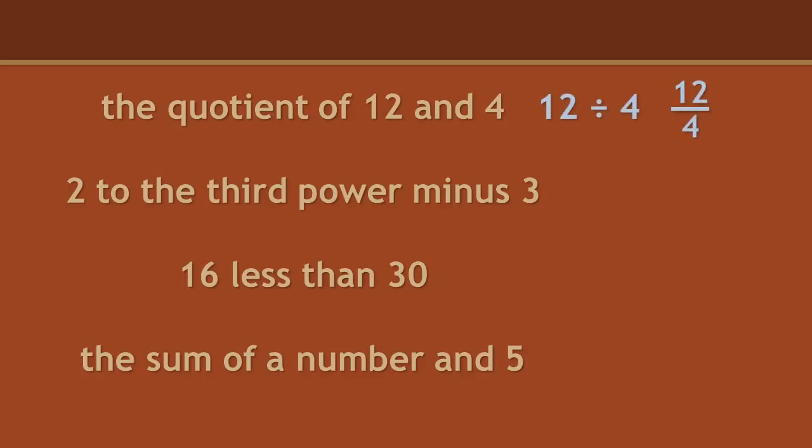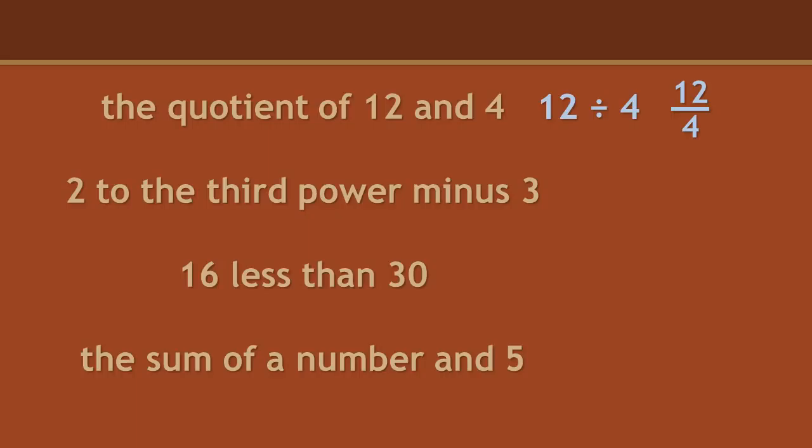Or, like I said, you could also write it 12 over 4. Remember, quotient is always division. Okay, that should be your clue to know what type of operation you're going to be doing. What about 2 to the 3rd power minus 3? How would we write that as a numerical expression?